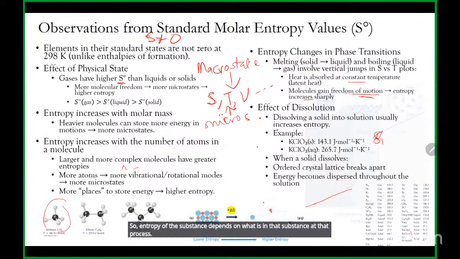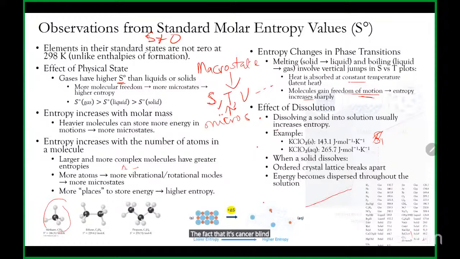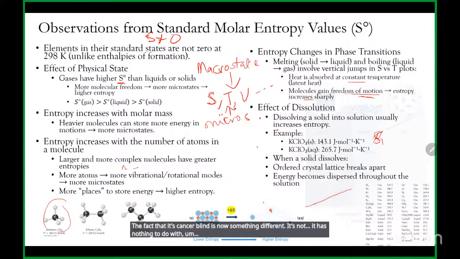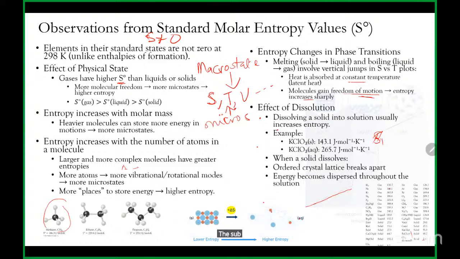The fact that it can sublime is something different. It has nothing to do with whether entropy or not entropy. It's just the nature of the system. Then sublimation again depends on the condition. Some substances may have the tendency to sublime at lower temperatures than others. So I hope I'm able to answer your question.